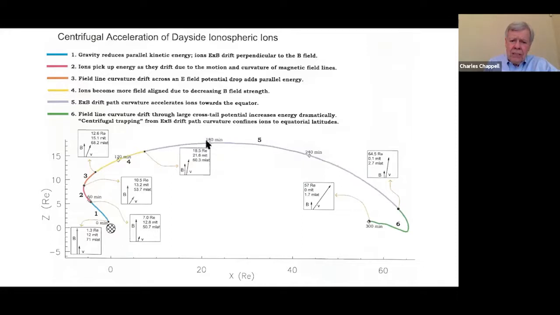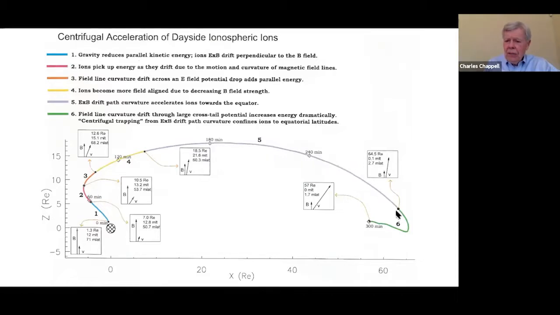Now here are times: 2 hours, 3 hours, 4 hours, about 5 hours by the time it gets to the plasma sheet out here. But in the lobes, it's very low energy, less than 100 eV, tens of eV.